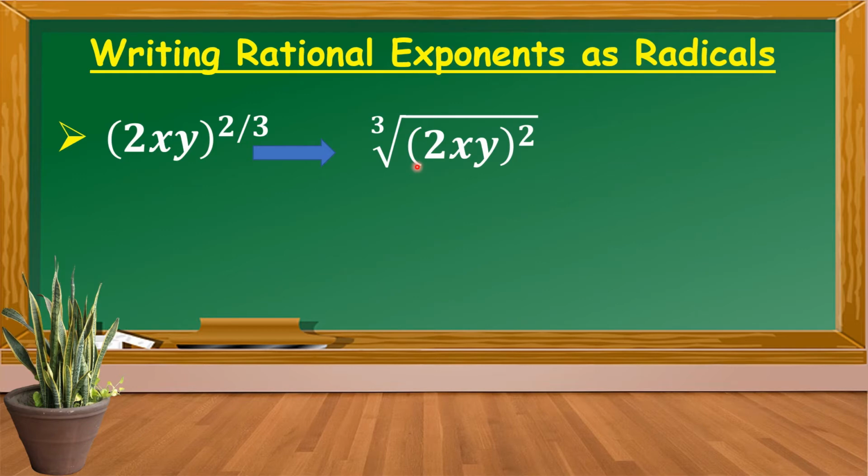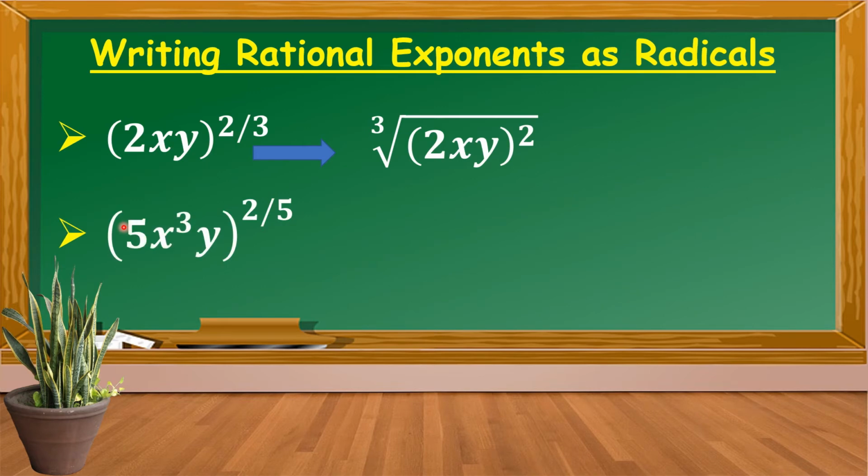Make sure that 2xy is enclosed in parentheses. Where does the 2 as exponent come from? From the numerator of the rational exponent. And the small number 3 comes from the denominator of the rational exponent. So, it is so easy to convert or write this into radicals.